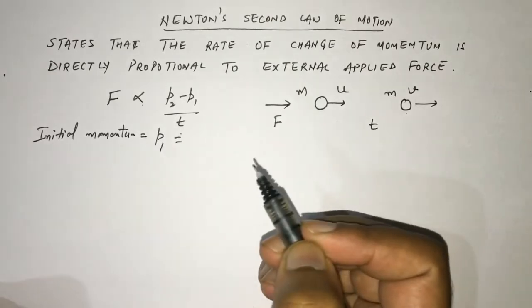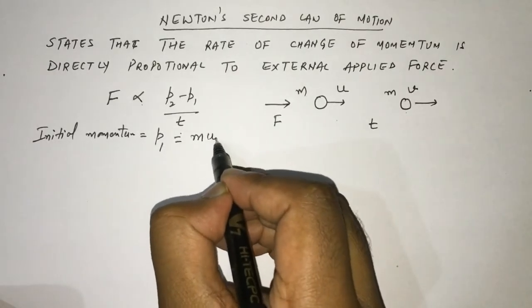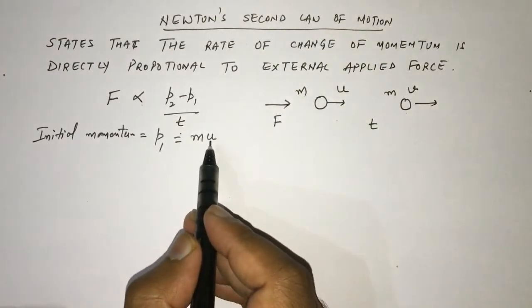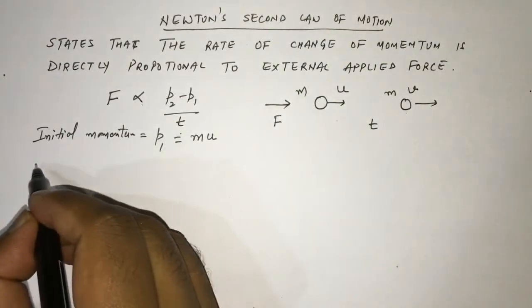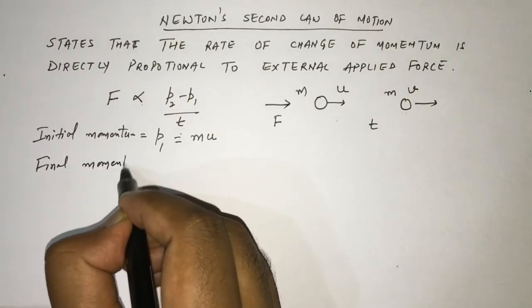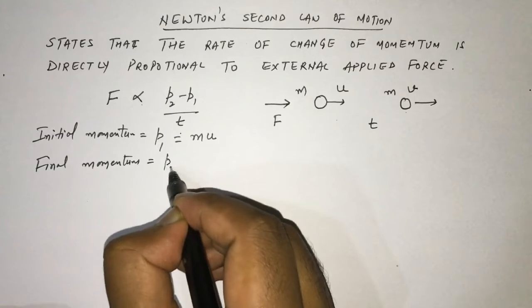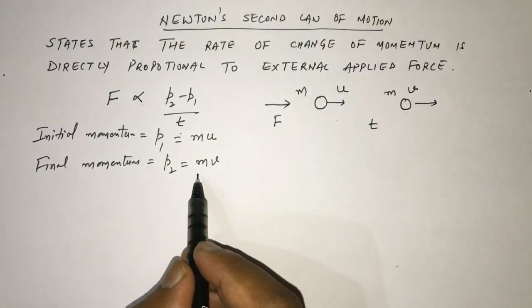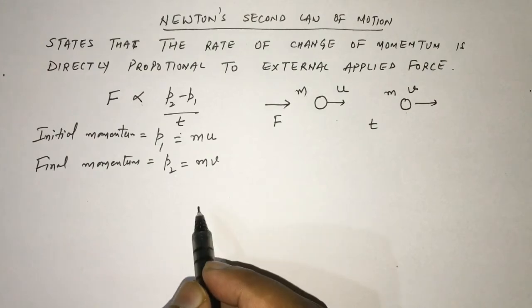Now, the initial momentum P1 is equal to mass into initial velocity, m into u. Second is the final momentum P2, that is m into v, where m is mass and v is the final velocity.